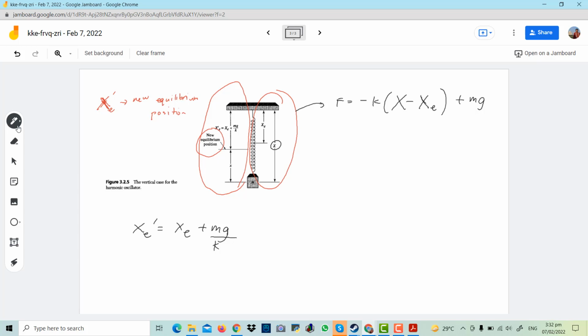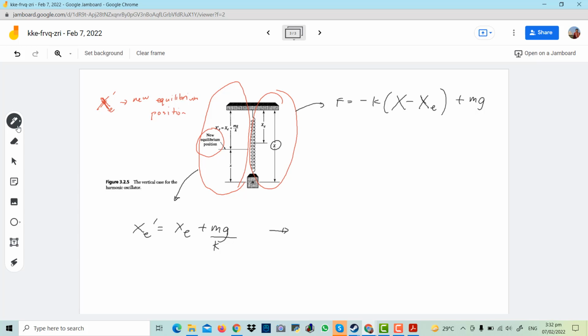And from this, this is based from the new equilibrium position, okay? At that point, your force there is equal to 0. Sakto ba? Kay the summation of force is equal to 0.